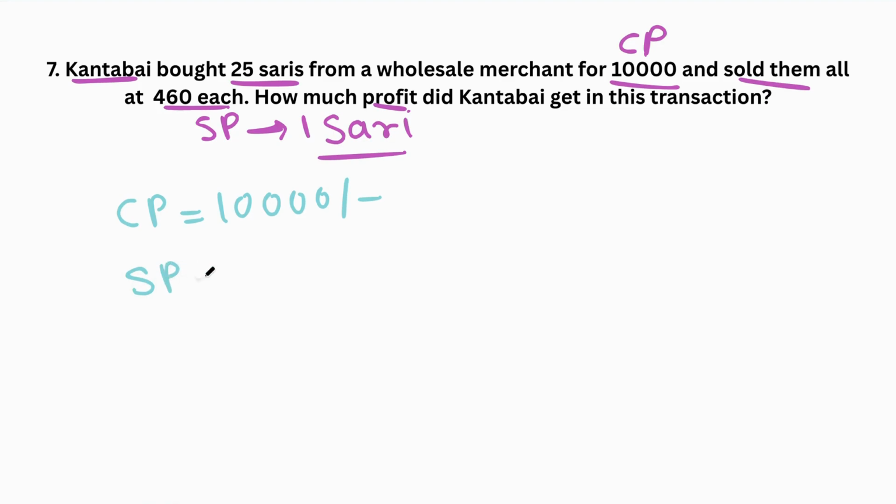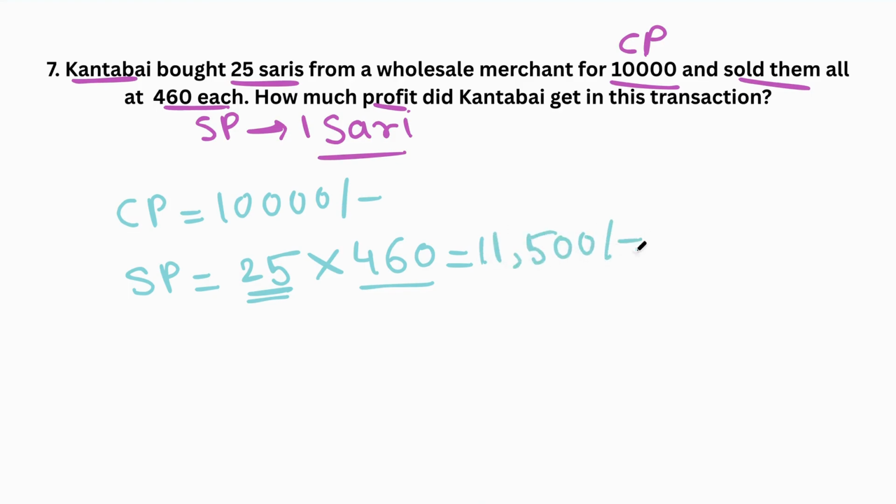And selling price of one sari is given, but we have 25 saris, so we will be multiplying the amount of one sari by the number of sari. So this is the number of sari, and the amount of one sari is 460 rupees. So after multiplying this, we get the answer as 11,500 rupees.